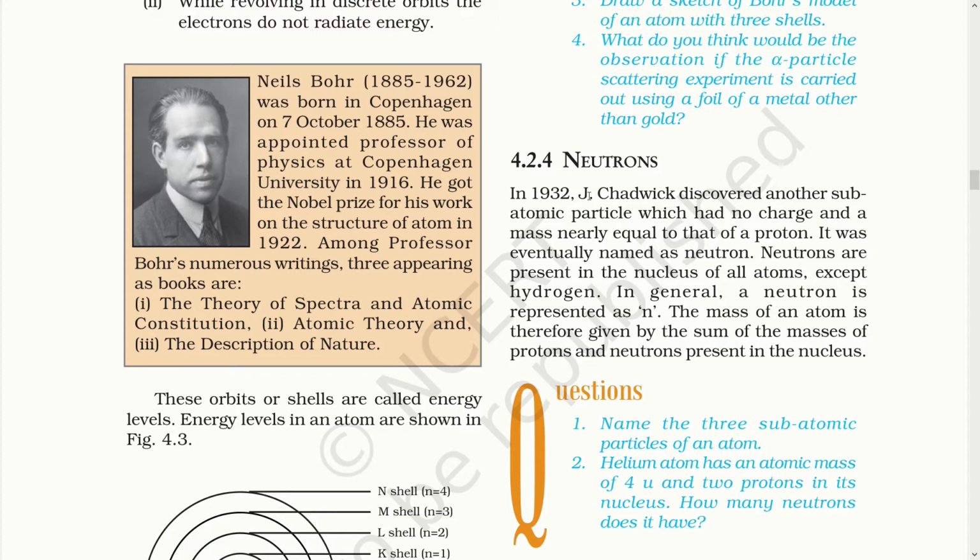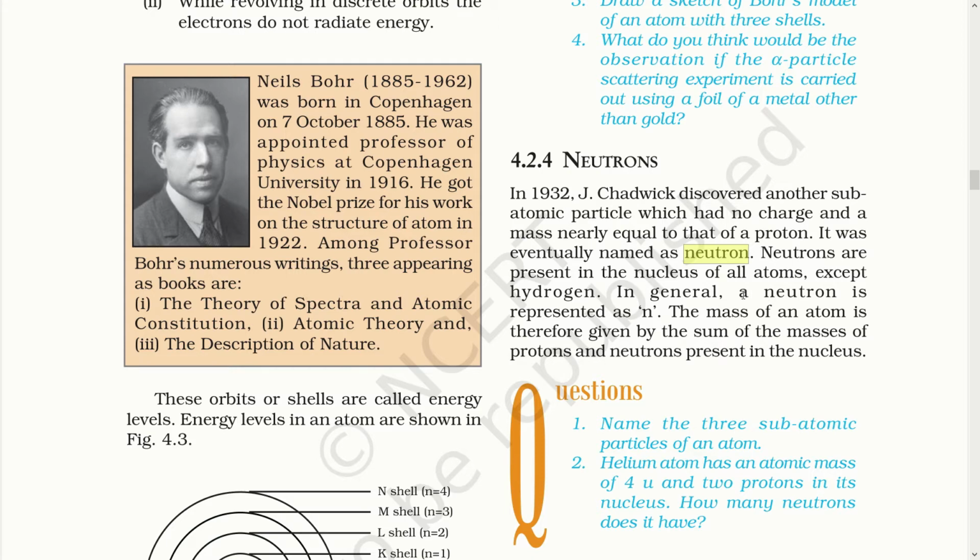Neutrons. In 1932, J. Chadwick discovered another subatomic particle which had no charge and a mass nearly equal to that of a proton. It was eventually named as neutron. Neutrons are present in the nucleus of all atoms except hydrogen.